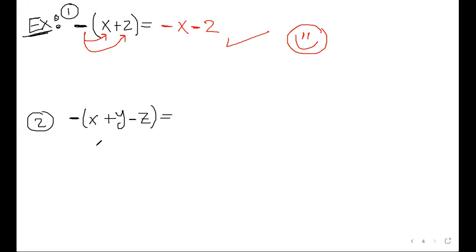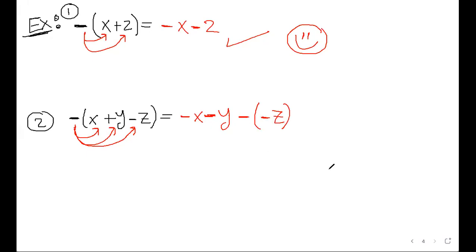Second one. Yes, this is true. So the minus, we distribute it again inside. So it gives me minus x, minus y, and minus z.